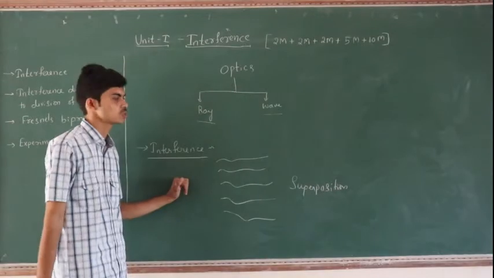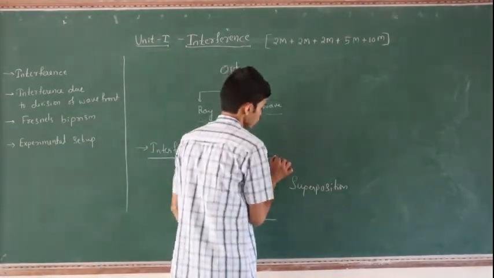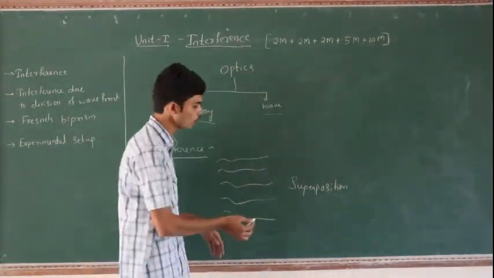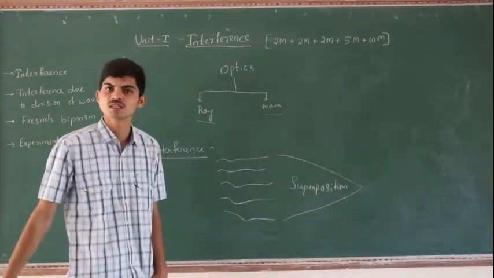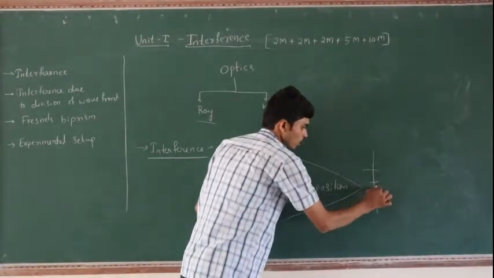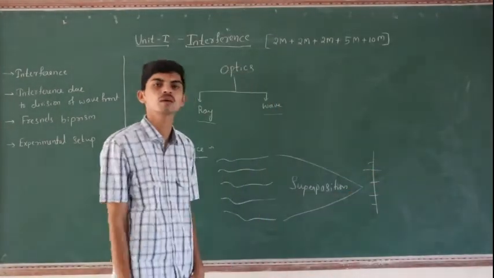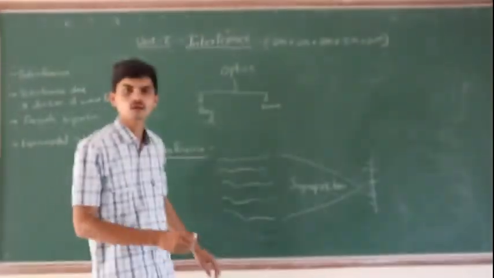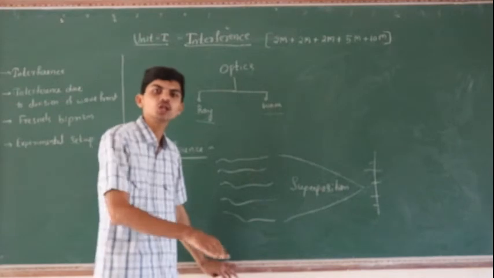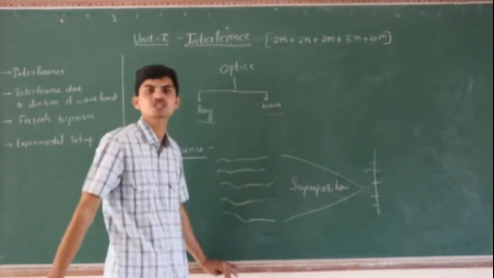Using this superposition, what happened? This distributed light will reunite and form the fringes, that is, maximum and minimum, bright or dark fringes. The distribution of light energy will reunite by using superposition.